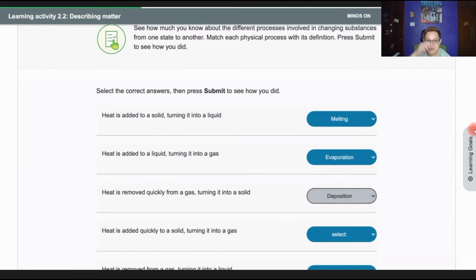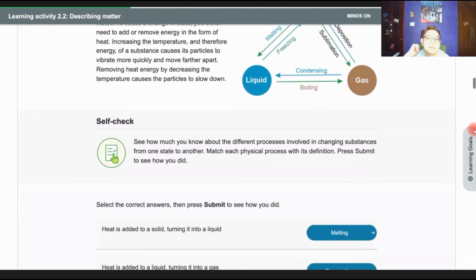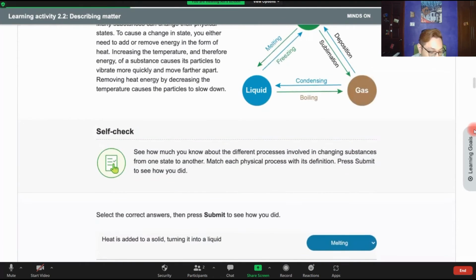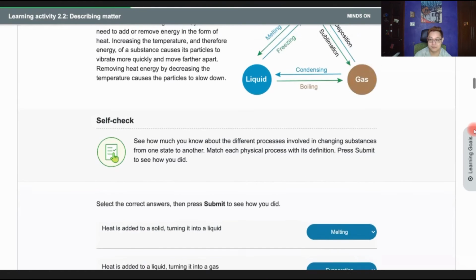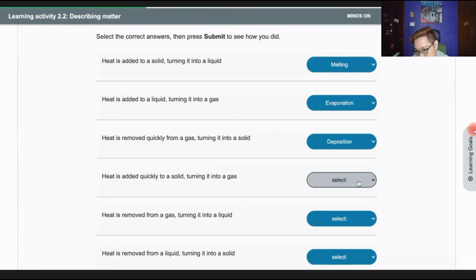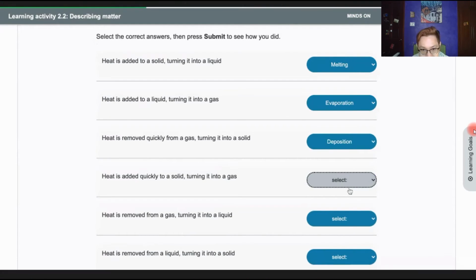Heat is added quickly to a solid, turning it into gas. It's the opposite. So it would be sublimation. Yes, very good.